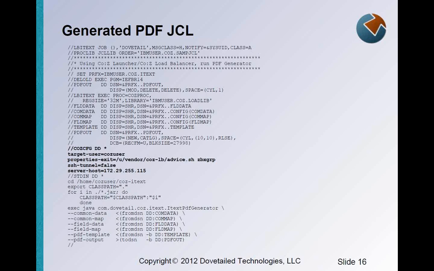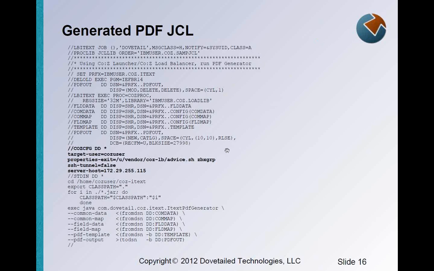So this DD exists on z/OS as well, and you can see that we have defined a DCB and disposition information for it. Okay, finally, we have the job itself that's going to be dispatched to the target server.